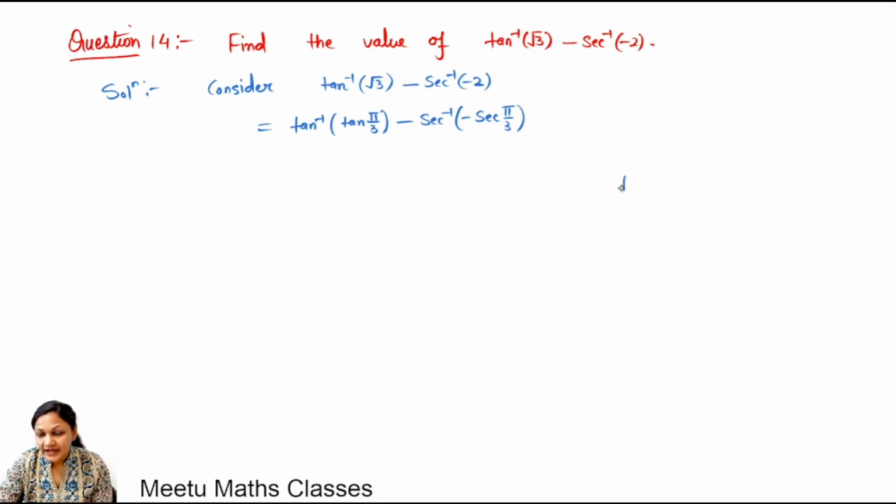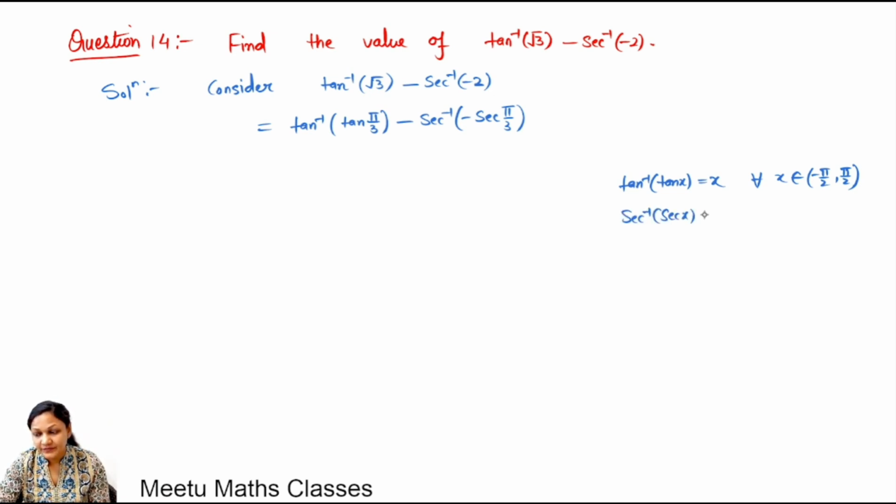Now, we know that tan inverse of tan x is equal to x for all x belonging to the open interval minus pi by 2 to pi by 2. And sec inverse of sec x is equal to x for all x belonging to the closed interval 0 to pi except pi by 2.